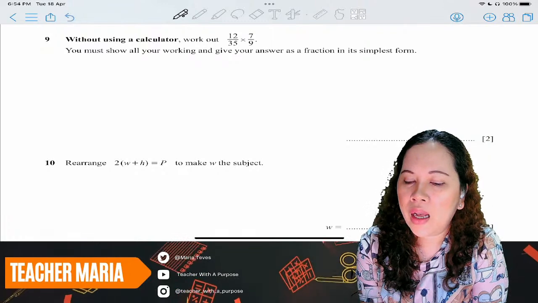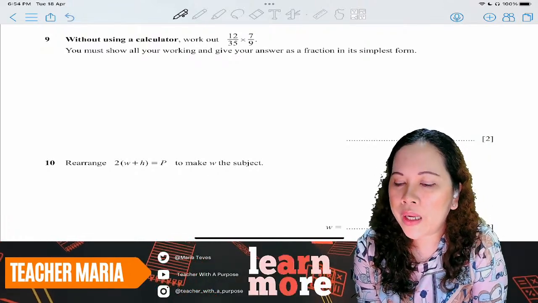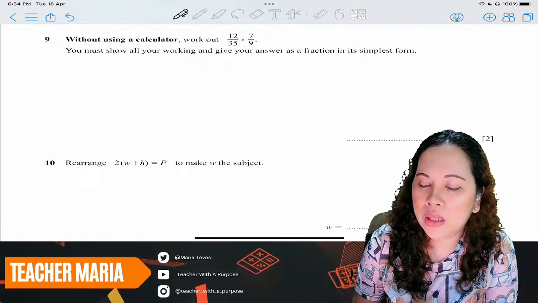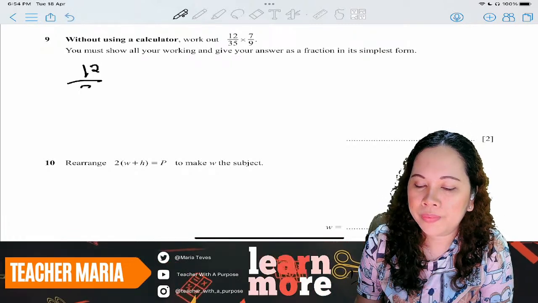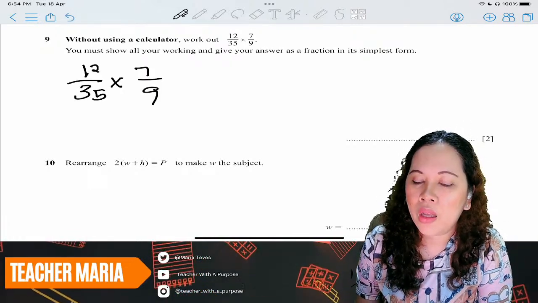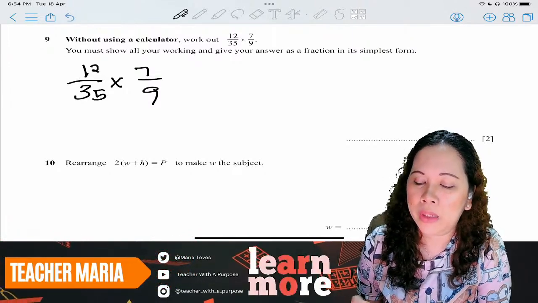Okay. Number nine, without using a calculator, work out 12 over 35 times 7 over 9. All you need to do is factor out everything and then cancel what is common.